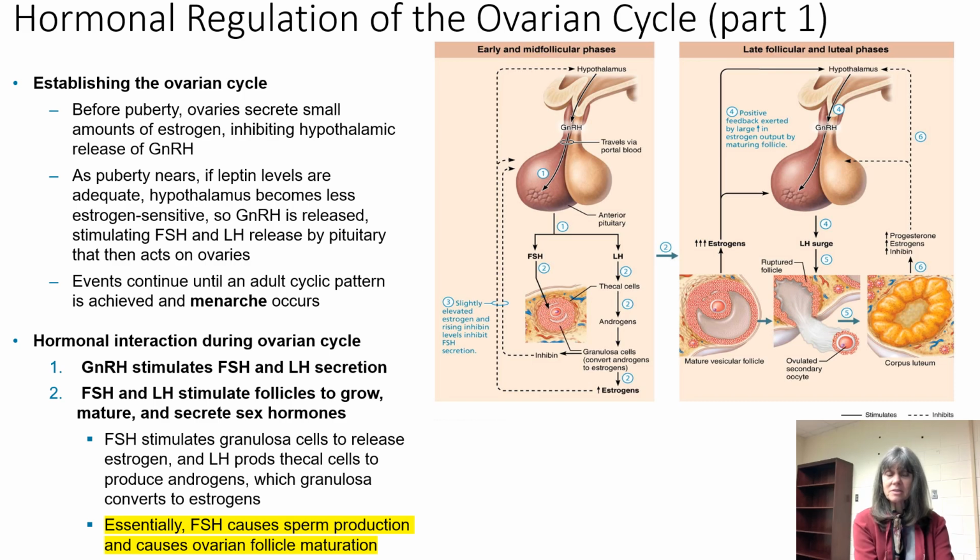Follicle-stimulating hormone stimulates the granulosa cells to produce and release estrogen, and the luteinizing hormone will stimulate thecal cells to produce androgens, which the granulosa cells can then convert to estrogens. Essentially, follicle-stimulating hormone causes sperm production, and causes the maturation of ovarian follicles.